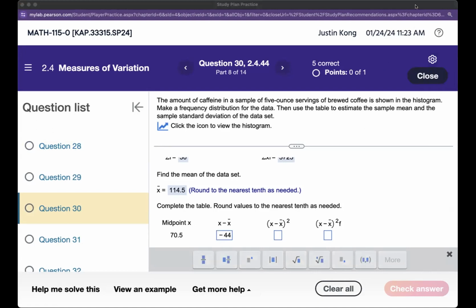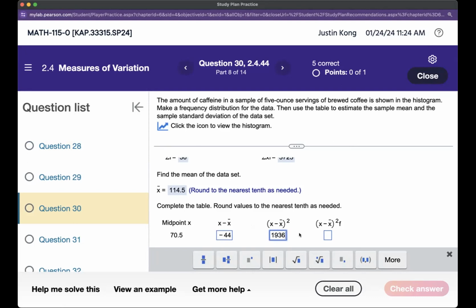But then again, we only have two more questions after this. Okay, so that's negative 44. And then when I take that difference and I square it, what do I get? It looks to me like what they're getting at is they're building towards the standard deviation. 1936, which is not something I normally ask you guys to calculate.